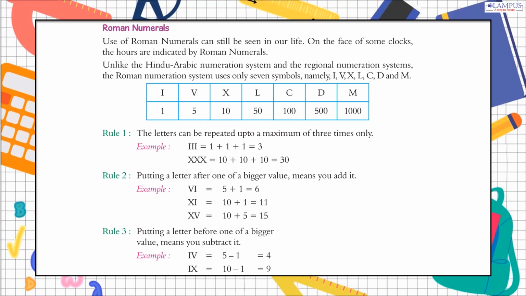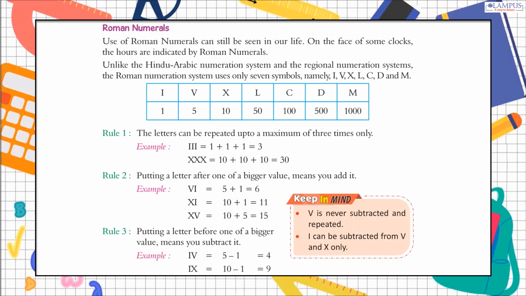Putting a letter before one of a bigger value means you subtract it. Example: IV equals 5 minus 1 equals 4, IX equals 10 minus 1 equals 9. Keep in mind, V is never subtracted and repeated. I can be subtracted from V and X only.